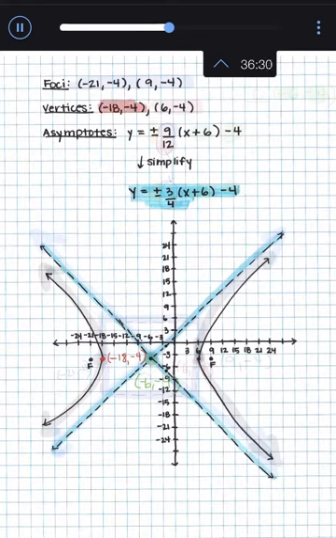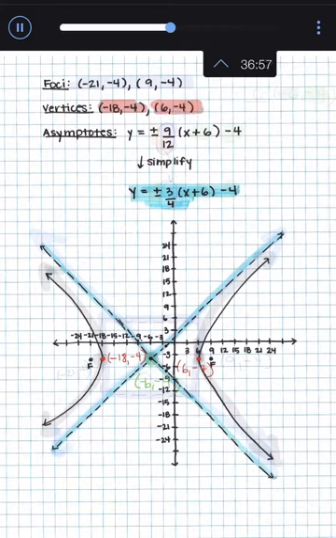The second vertex is going to have us do the other end, adding 12 to where our center was. Our center was again at -6, so adding 12 will put us at a +6. Again, we didn't go up or down. It's still at -4. So our second vertex is at +6, -4.